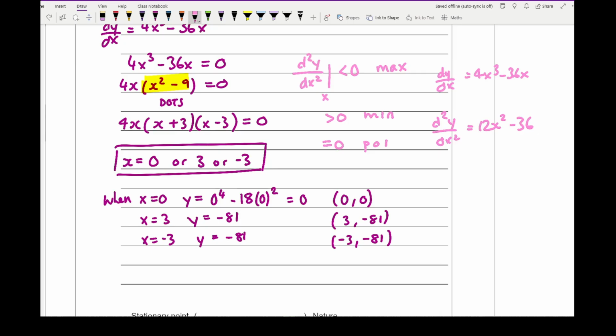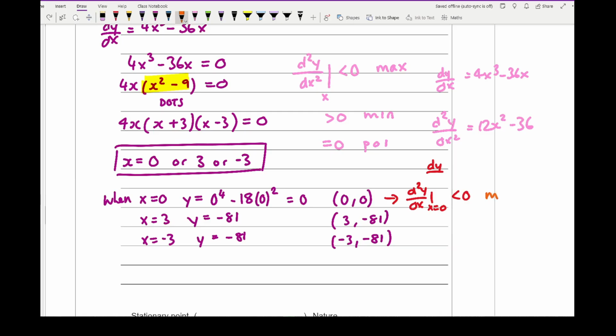So when we substitute x equals 0 into this, the second derivative is going to give us a number that is less than 0, so that's going to be a maximum point. Let me just correct that.